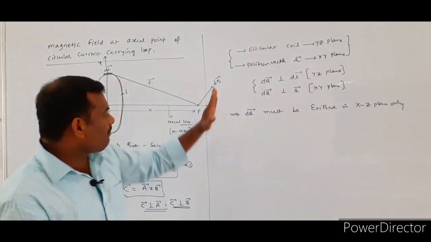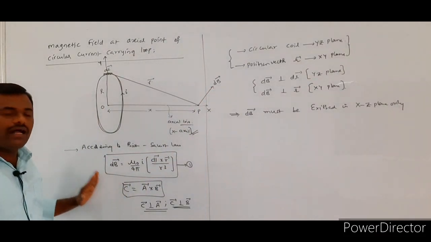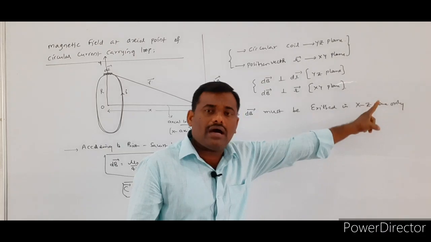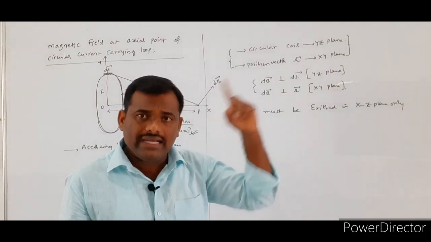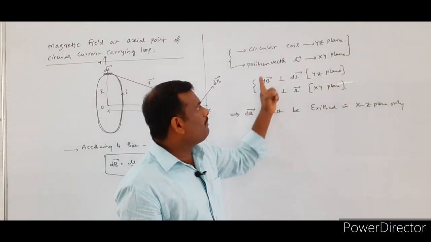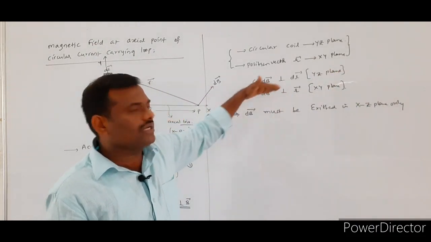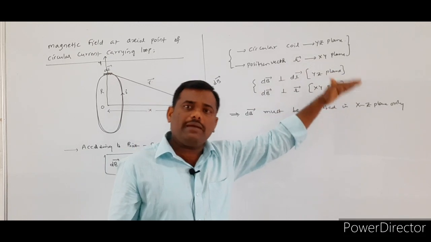Once again see, from the definition of the cross product, dB bar is perpendicular to dl bar, dB bar is perpendicular to what? dl bar. That means dB bar is perpendicular to YZ plane. Simultaneously, dB bar is also perpendicular to what? XY plane.